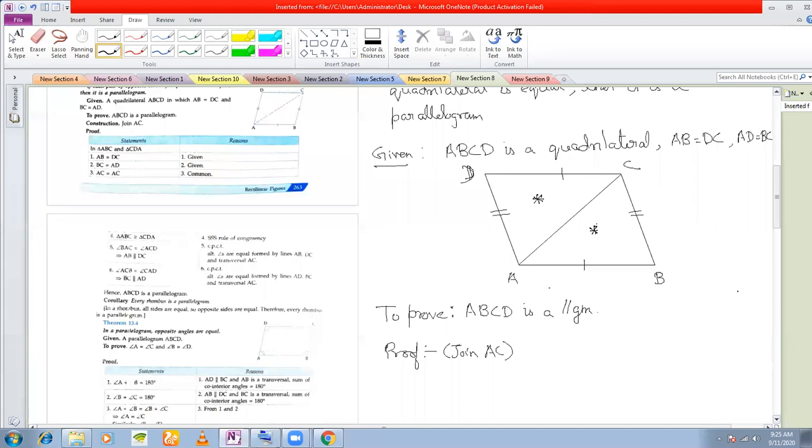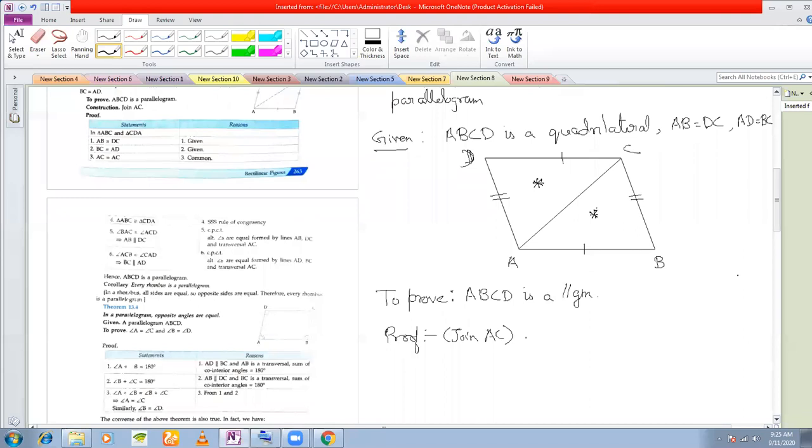So what you do here is, in order to prove that these two triangles are congruent, see that these two sides of the triangle are equal, AB and DC. It is given to you. Again, these two sides are equal, AD and BC. Also, AC is the common side.